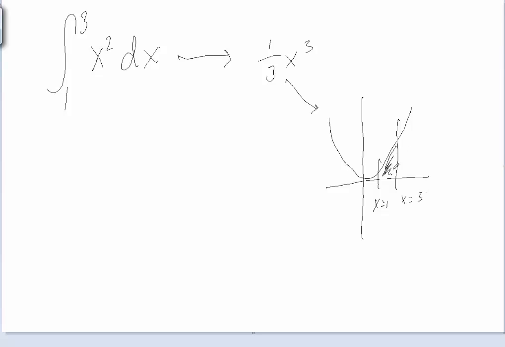So this area here. So what we're going to do is, technically how we find this is by saying, so here symbolically, here's what we say.